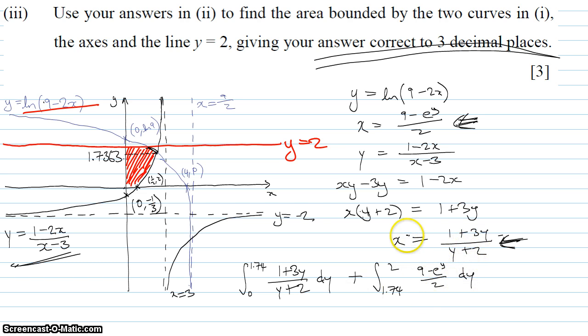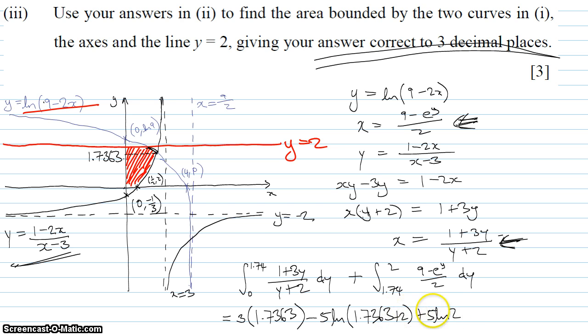But I know what these are, in terms of p being my 1.74. This is equal to 3 times 1.7363 minus 5 ln(1.7363 plus 2) plus 5 ln 2.